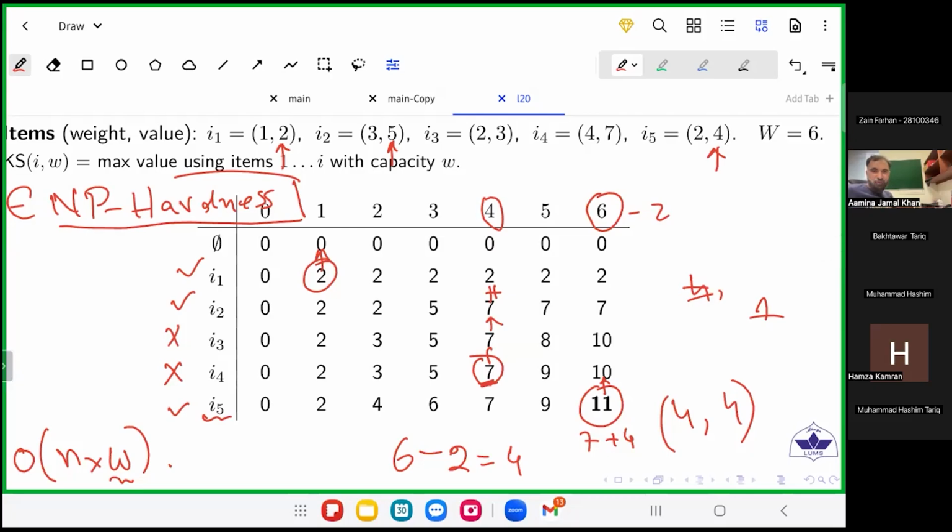Remember this discussion we had in the first week of the classes, which means that if I have 100 items and they weigh a lot, right? They weigh, for example, in terms of kilograms. I don't know if you're talking about celestial objects, and they weigh, I don't know, billions of kilograms or whatever.